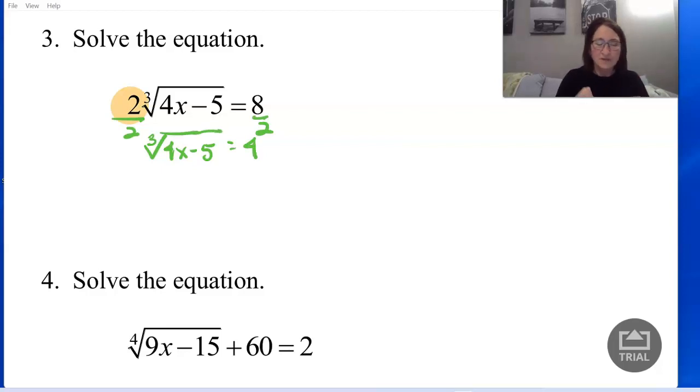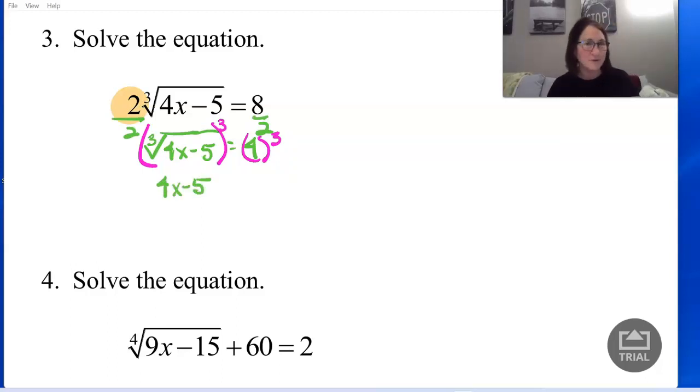Now I'm going to raise both sides of my equation to the power of 3, because that power of 3 equals the index. So on the left, my radicand falls out from underneath that radical sign, and on the right, I have 4 cubed, which is going to give me 64.